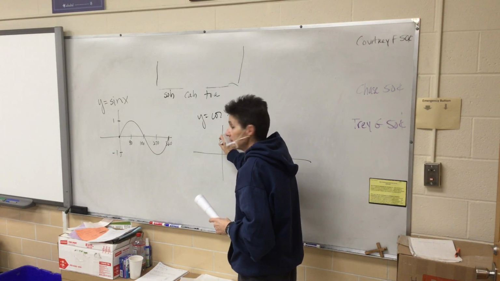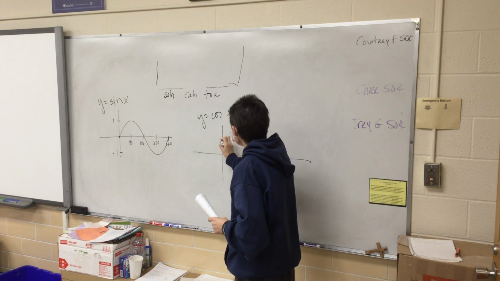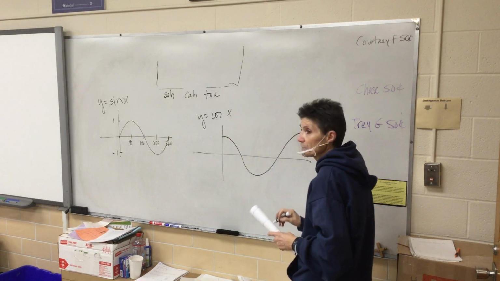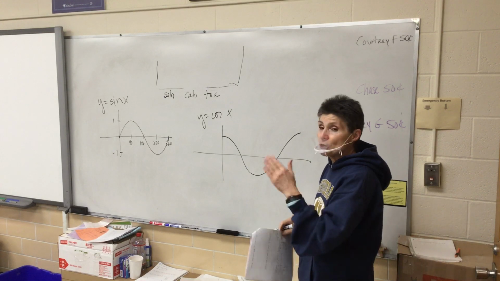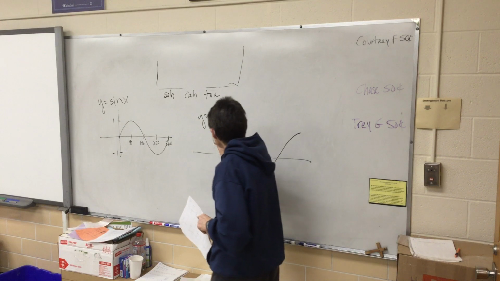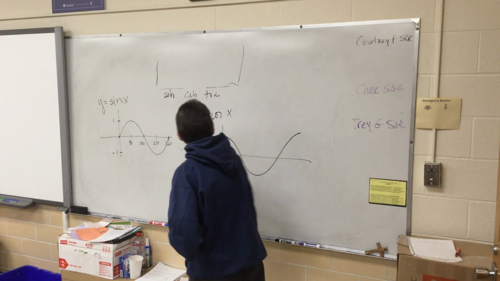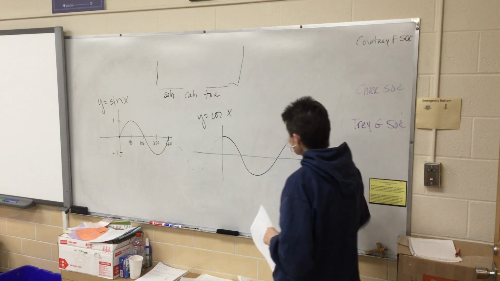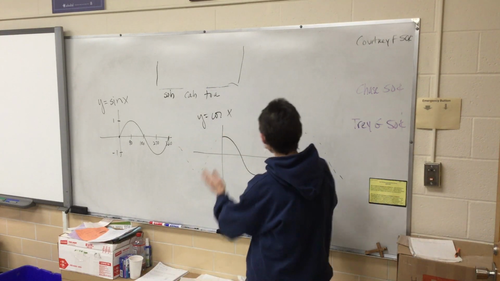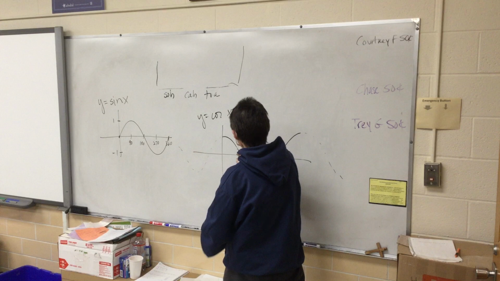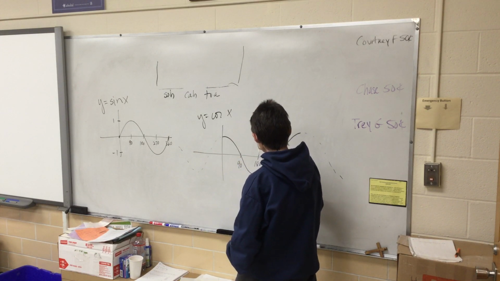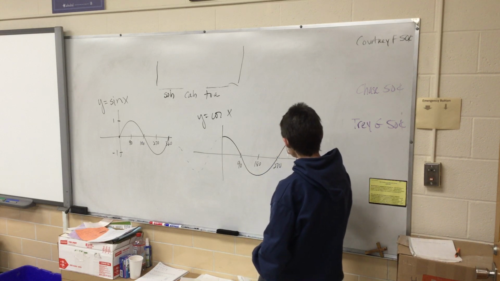Cosine, remember, does not go through the origin. So cosine looks like this. Now, when you look at that, you think, that is strange, but remember, it keeps going. So when you look at it like that, does it make sense to you? But we just look at this much of it. Again, that's 90, 180, 270, and 360.